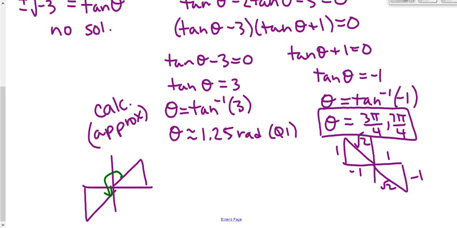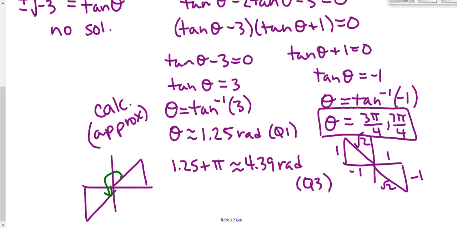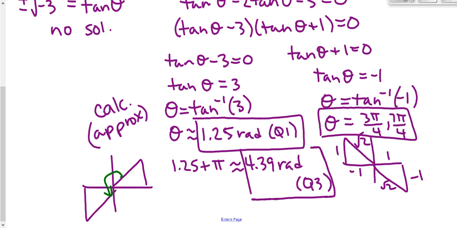So to get the other answer, you want to add pi to this answer. So we have 1.25 plus pi, which works out to be approximately 4.39 radians. And that's going to be your quadrant 3 answer. So this problem has 4 answers. 2 of the answers were exact answers, and 2 of the answers were approximate answers.